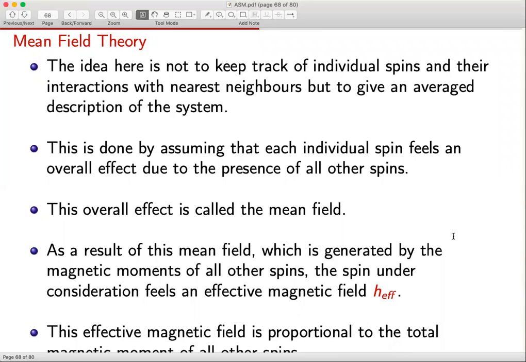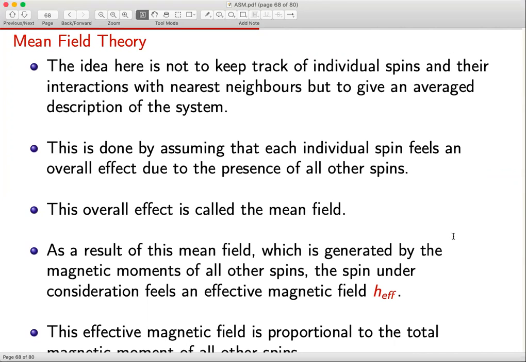Okay, but when you are trying to study the system, you don't really look at how an individual spin is behaving, or how it is contributing energy to the total system. In the mean field theory approximation, you say that if you pick any spin at random in the system, then that spin would feel the effective magnetic field generated by all the spins in the system.